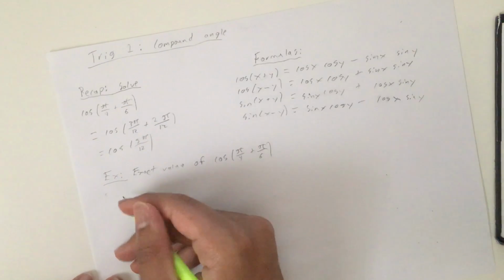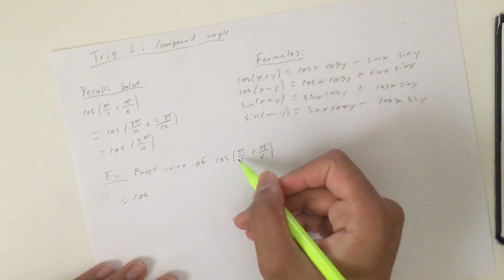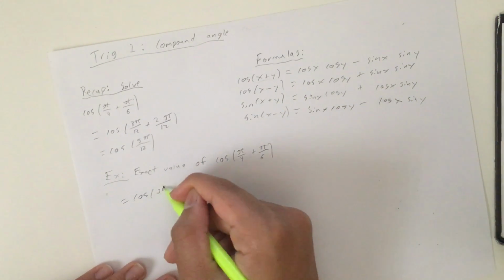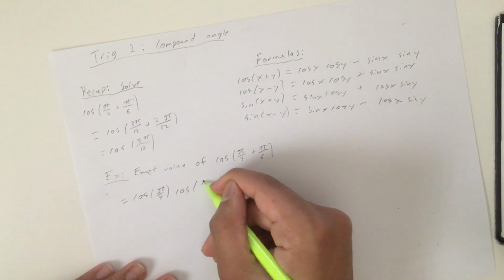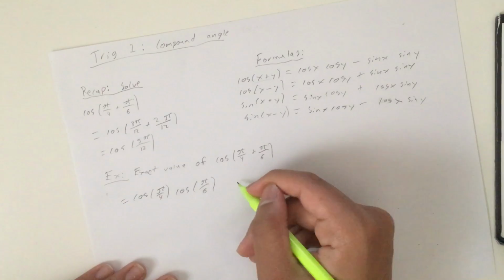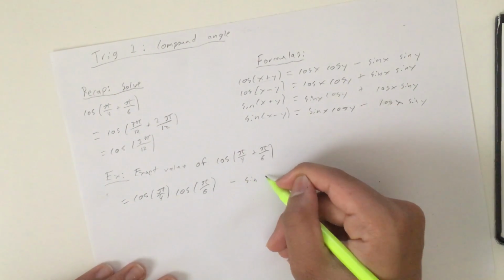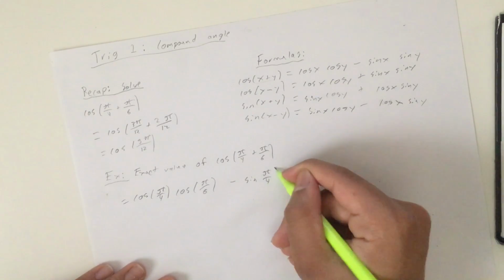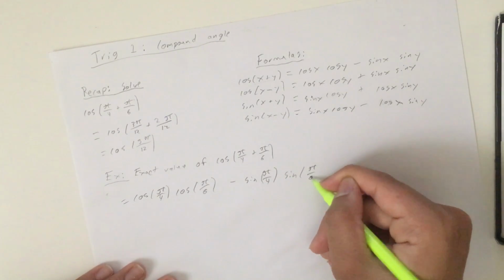So you would make this equal to cos pi over 4 multiplied by cos pi over 6. Then you subtract sin pi over 4 times sin pi over 6.